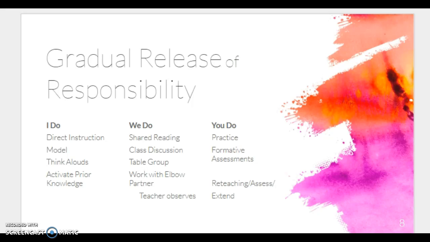Then the you do component, where students practice, that could look like homework and formative assessments. From those formative assessments, you can decide if you're ready to move on, or if you need to do reteaching, if you need to do the summative assessment, or if you are ready to extend, depending on your students' needs.